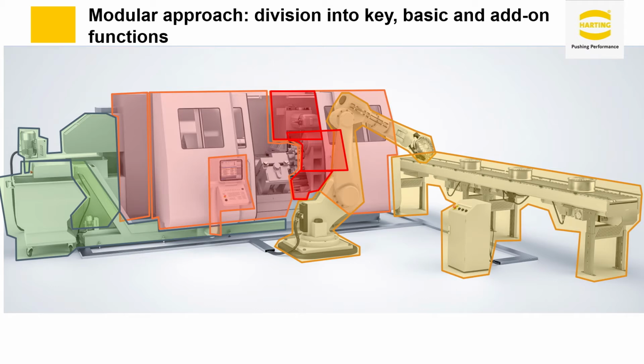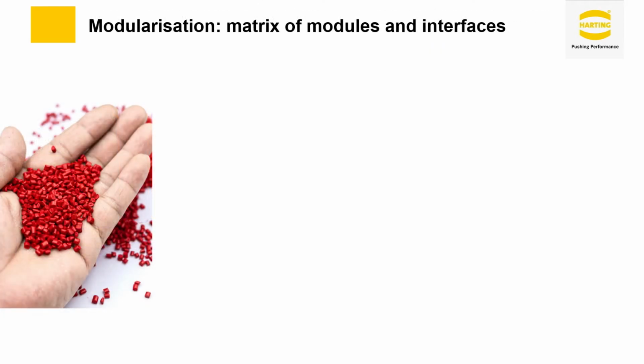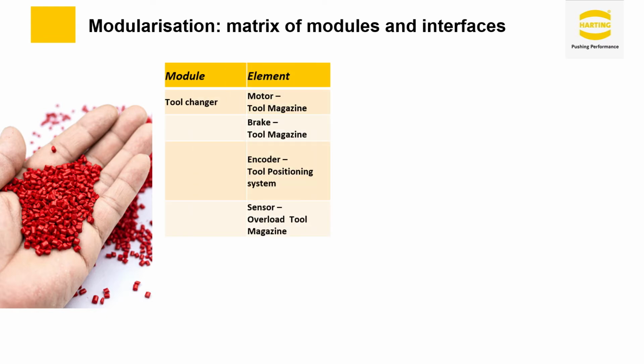How can you deal with this? Our recommendation, from our experience with successful customers, is that you have to build up a kind of matrix. Here I show only one small part, for example, the tool changer, and we have a motor, a brake, encoder, and sensor.